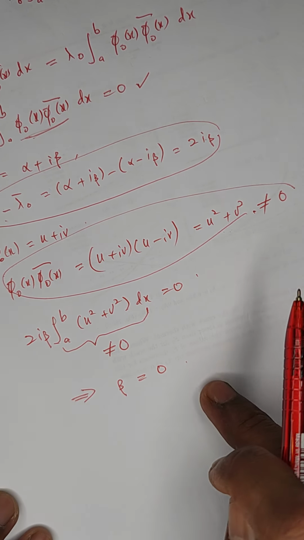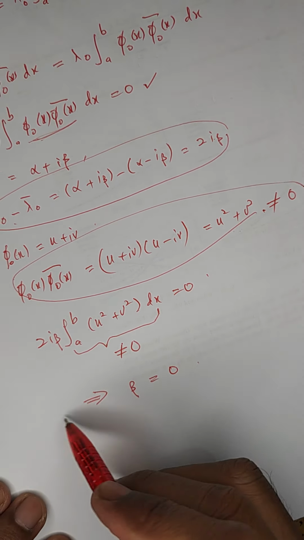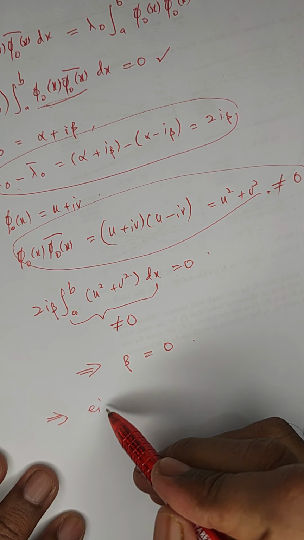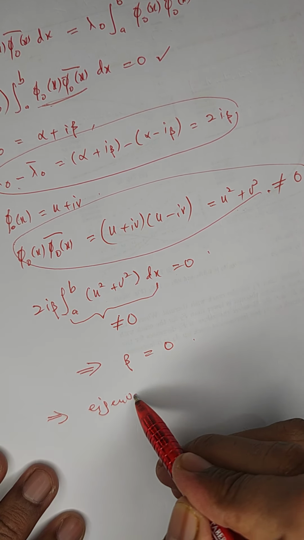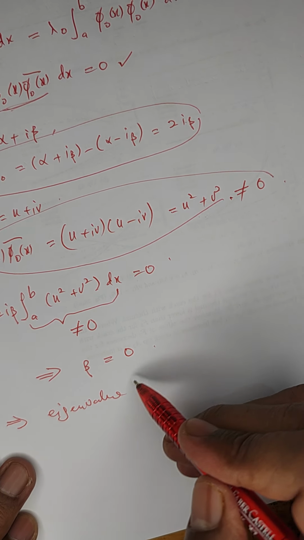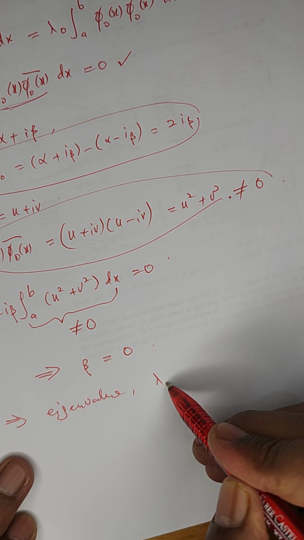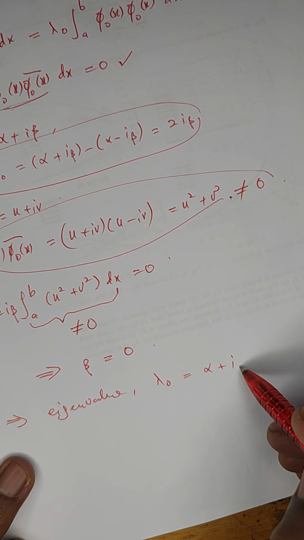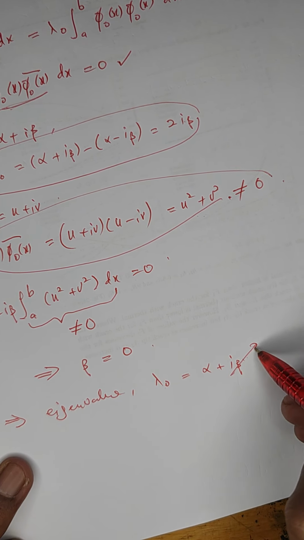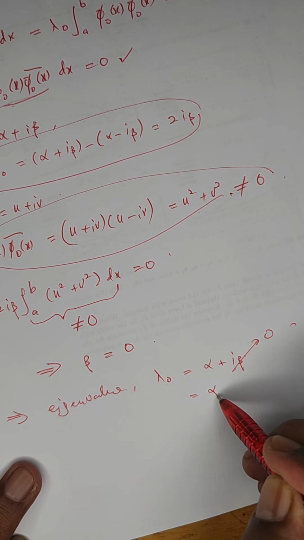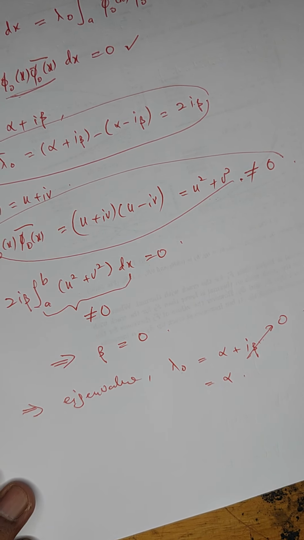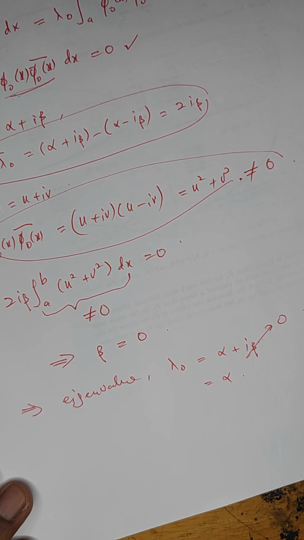Therefore beta is 0, which means our eigenvalue, which we assumed earlier to be of the form alpha plus i beta, is now only alpha. So therefore the eigenvalues are only real numbers.